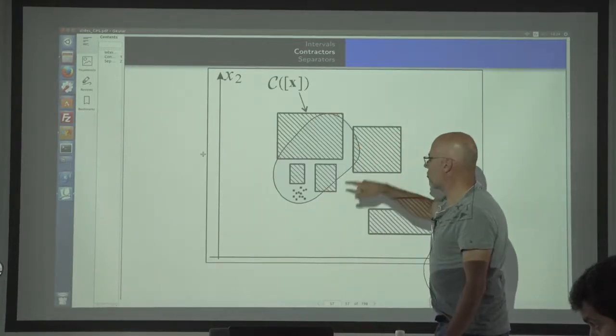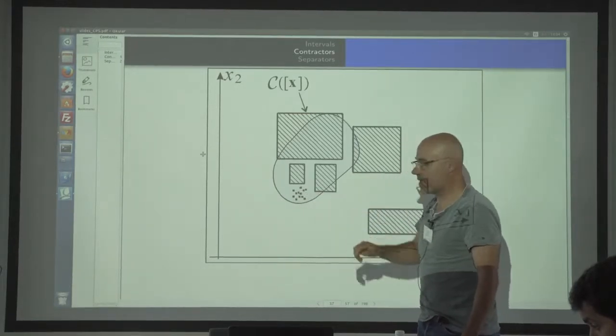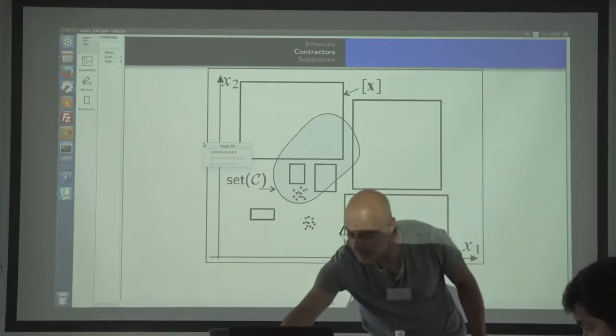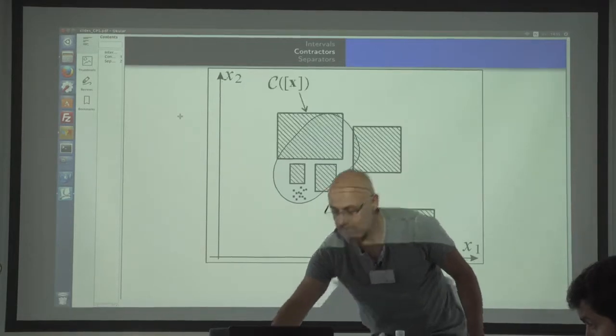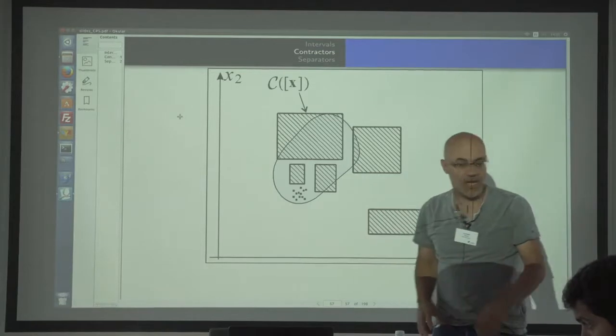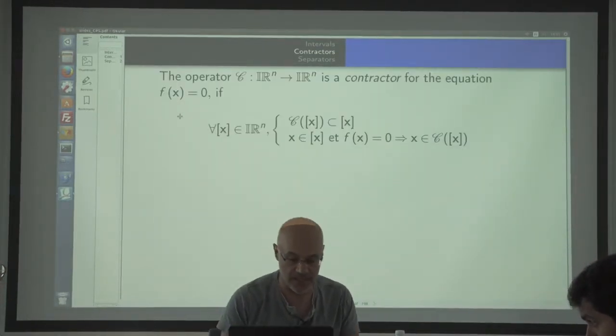And what is important for a contractor, if I take very tiny boxes, like this one, or this one, those that are outside will disappear. Sorry. And those that are inside will not disappear. So it's some kind of convergence property. I will not discuss this now, but it is a definition of a contractor.